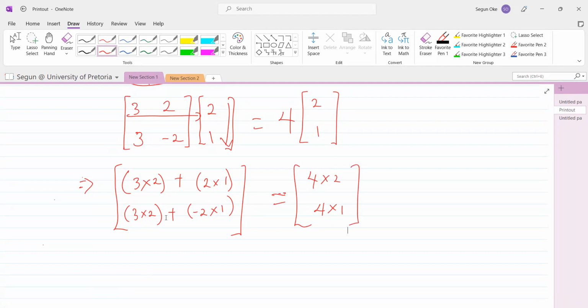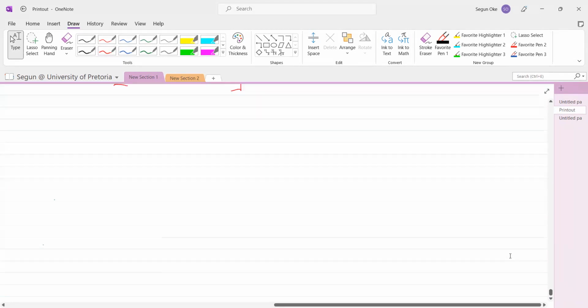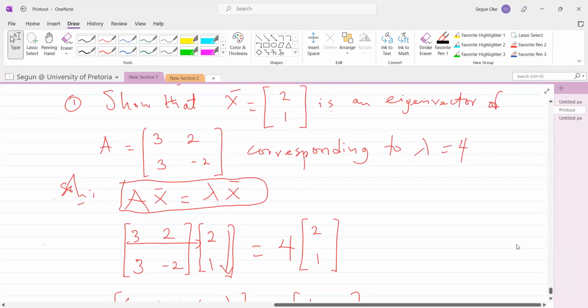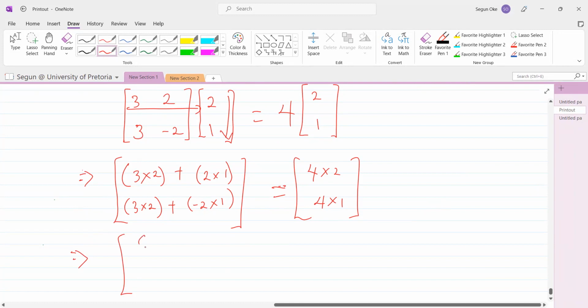So let's look at it. Three multiplied by 2 is what? 6 plus 2.